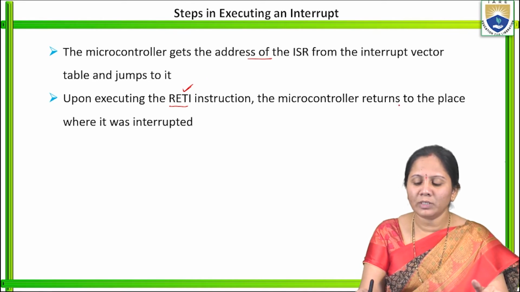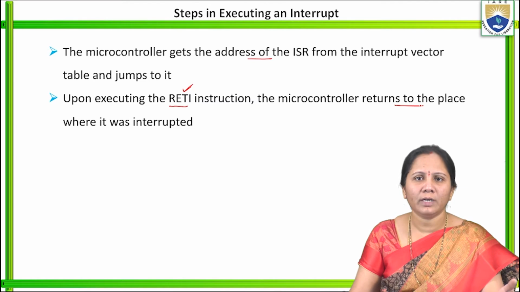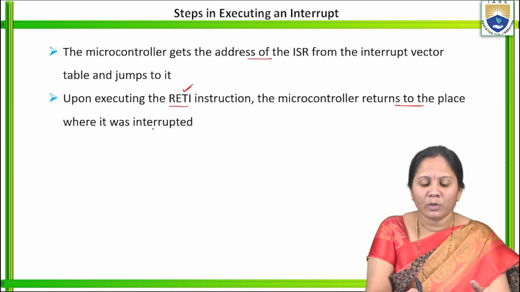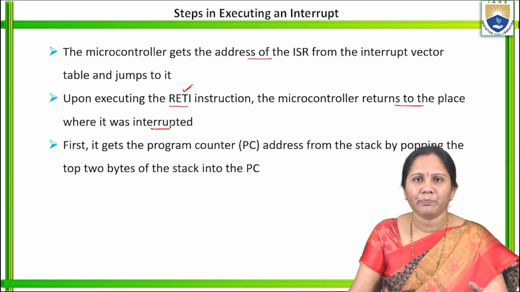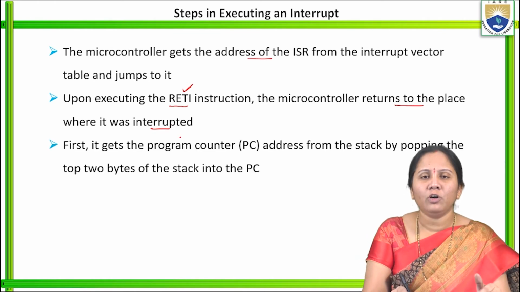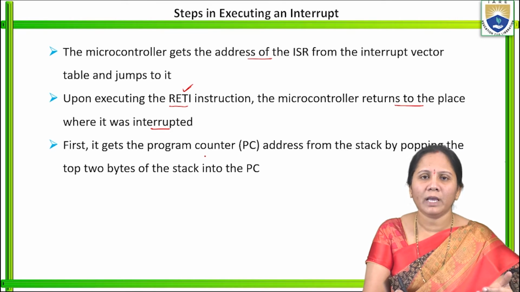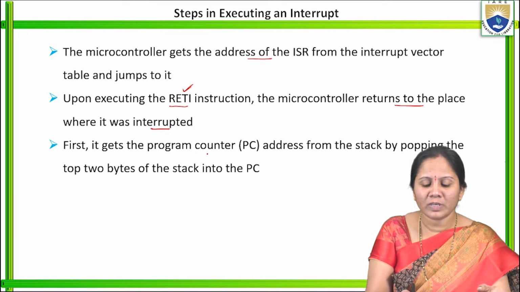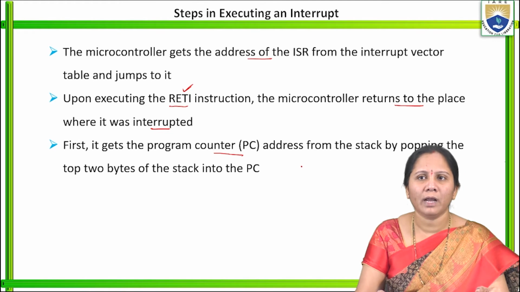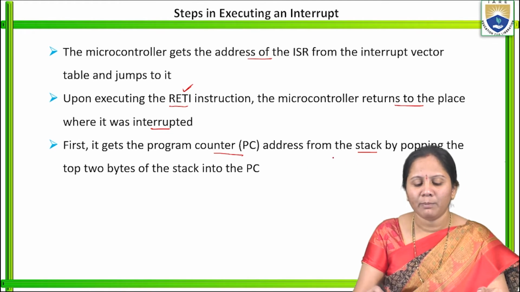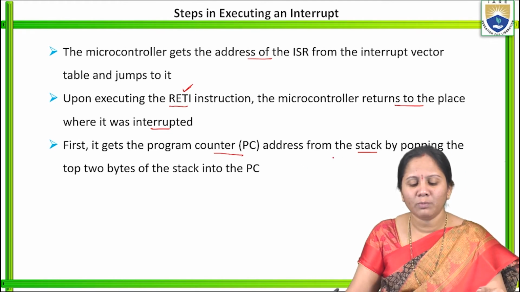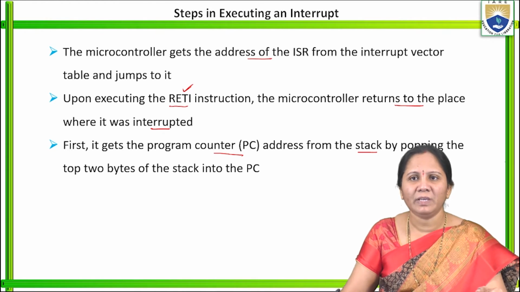When it is executed, the microcontroller will return to the main program where it was interrupted. And so in order to come to the main program where it was interrupted, what it has to do, it has to first get the program counter address from the stack by popping the top 2 bytes of the stack into the PC.